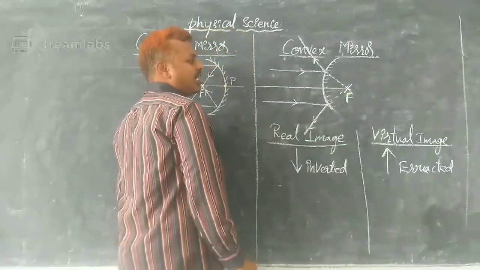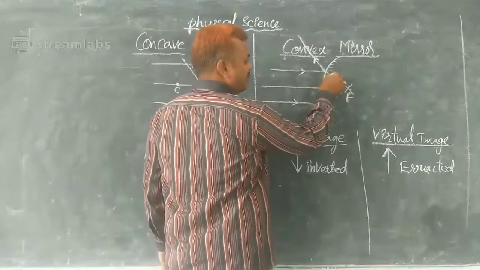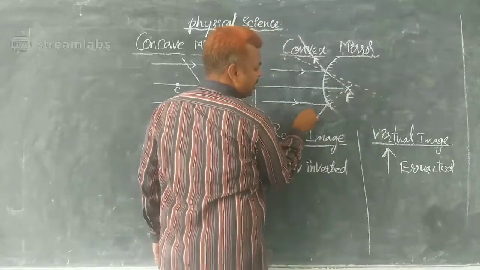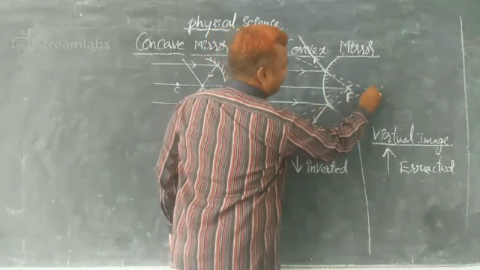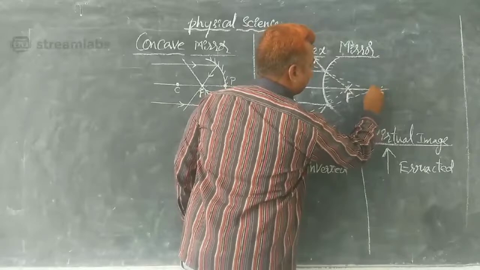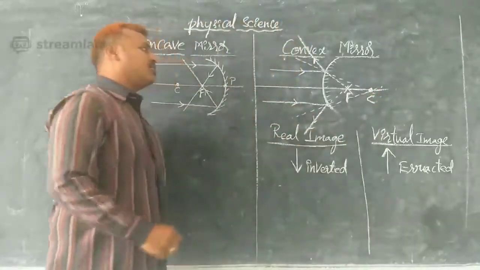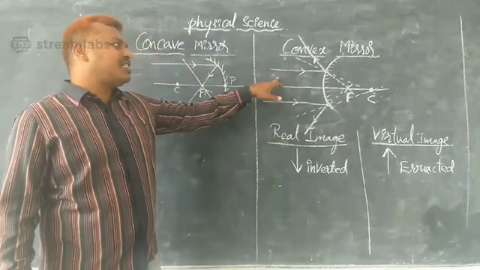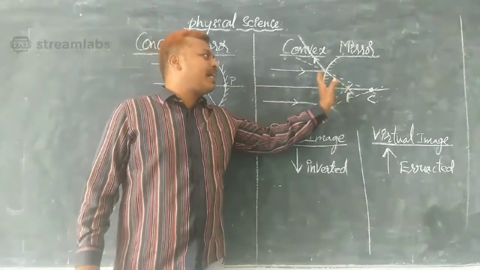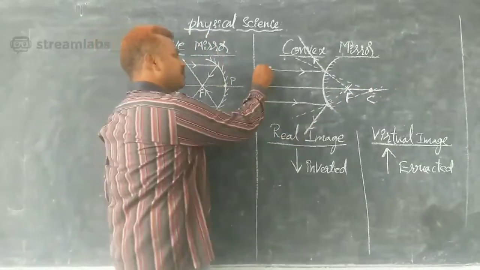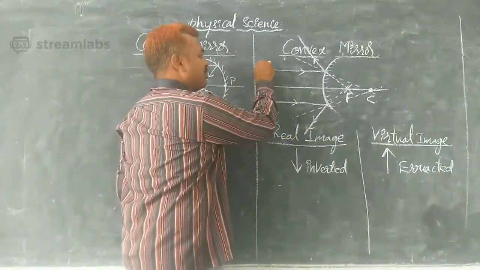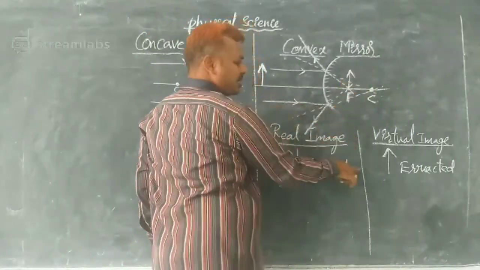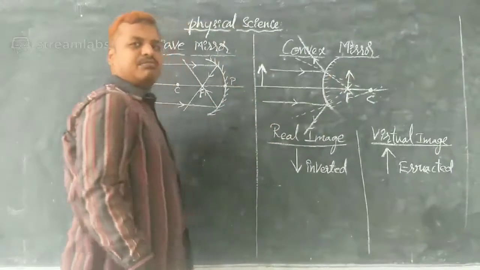So at this point I will get my light rays. When I cut these, you will see here that the image is formed behind the mirror. So the convex mirror always forms the image behind the mirror. The object is placed in front of the mirror, but the image is formed behind the mirror. What kind of image? An erected image is going to form.